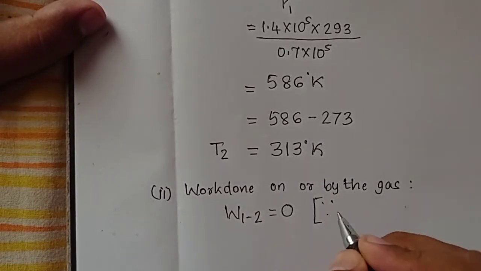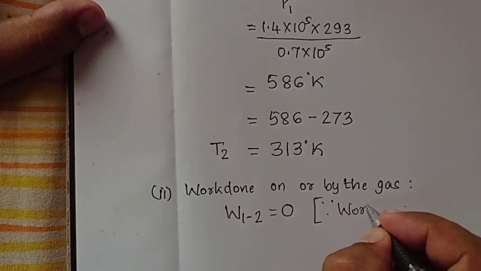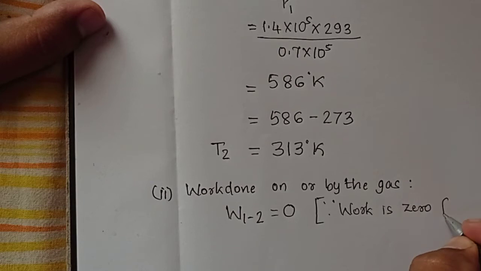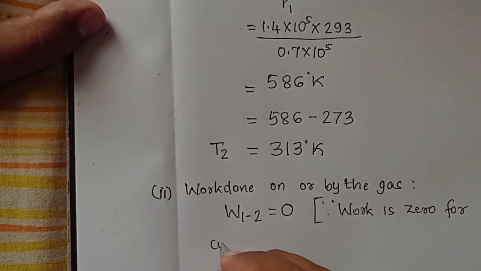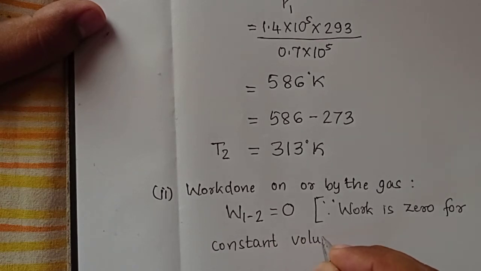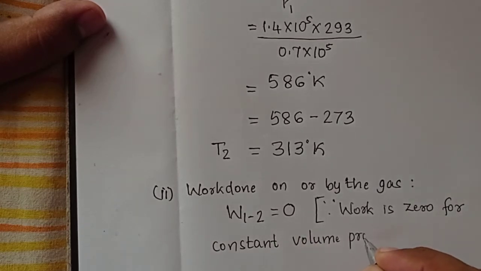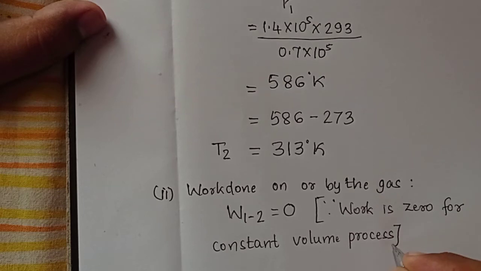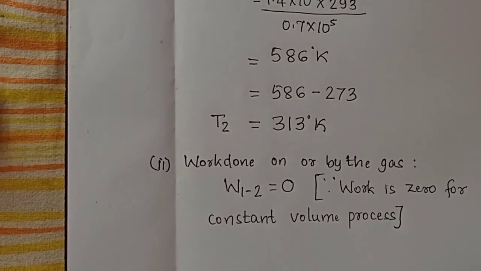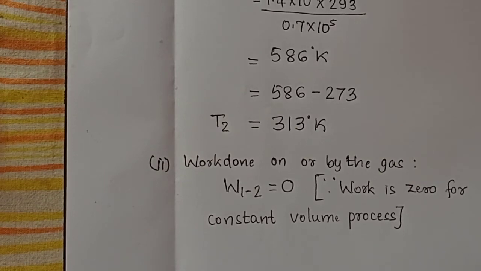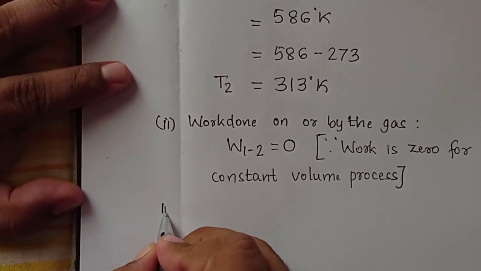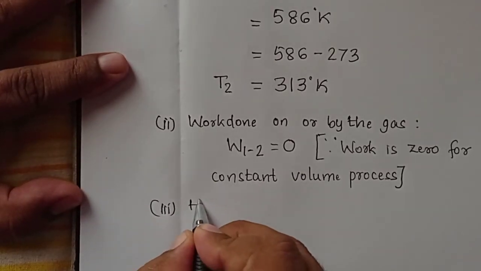So if the problem says it is a constant volume process, straight away you can write the answer for work done as 0. Then the third thing asked in the problem is heat added.